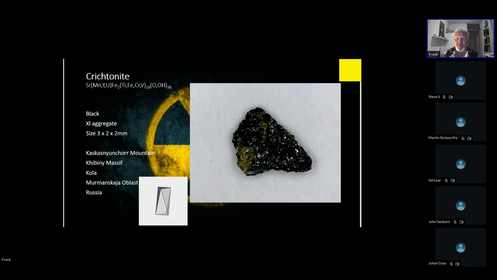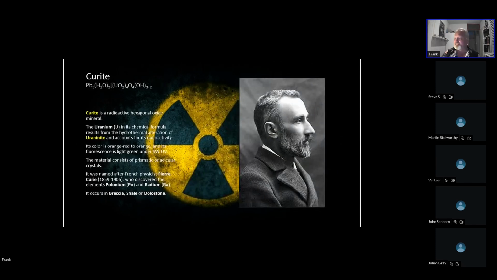Again, it occurs in alpine type fissure veins. This is a very small piece. It's only 3 by 2 by 2 millimeters. It consists of black crystals on I don't know what kind of matrix it is, and it comes from the Kovdor Massif in the Kola Peninsula in the Murmansk region in Russia.